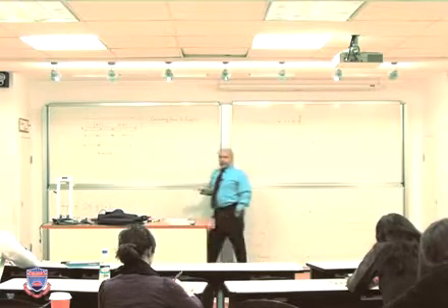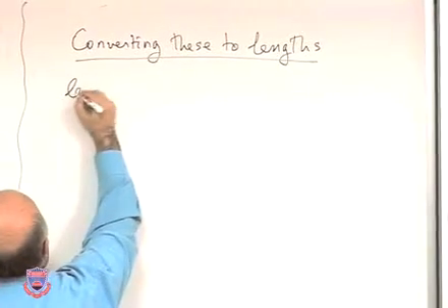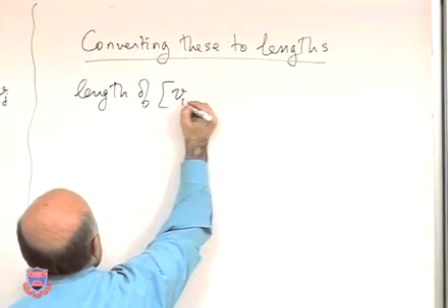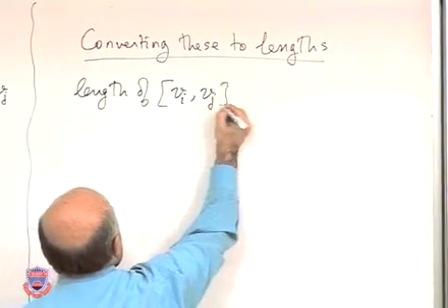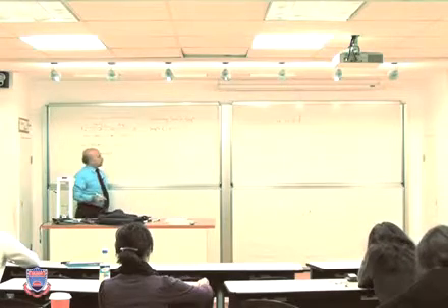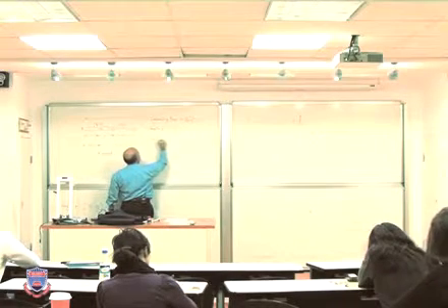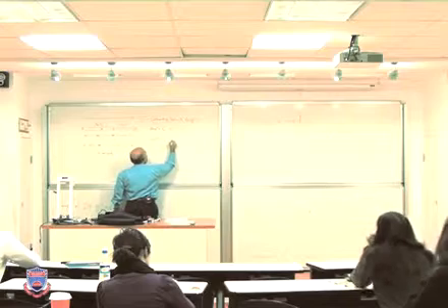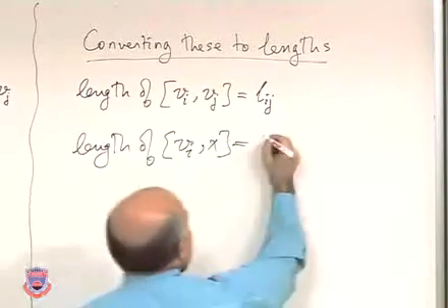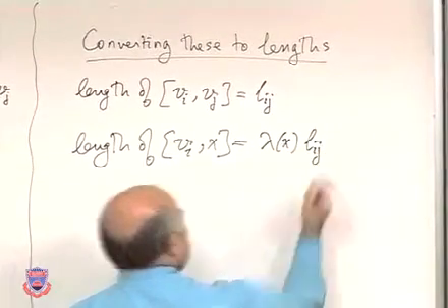So let's talk about the lengths now of these subarcs. The length of the entire arc, Vij, is Lij. That's just a positive number. The length of Vix is then going to be lambda of x times Lij.